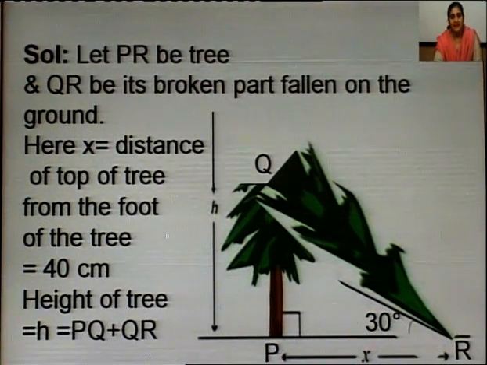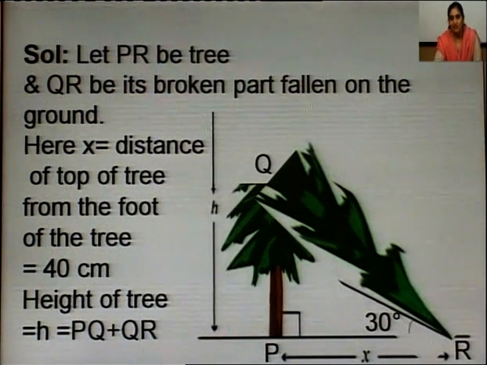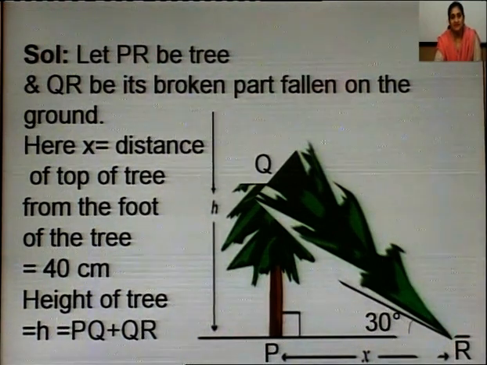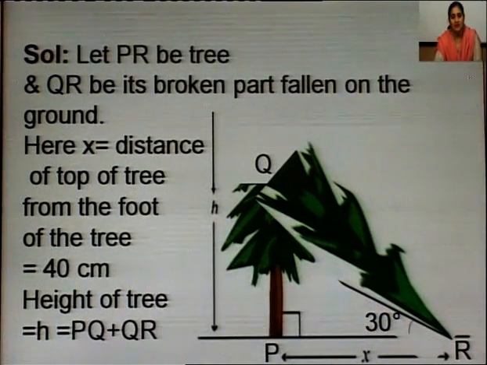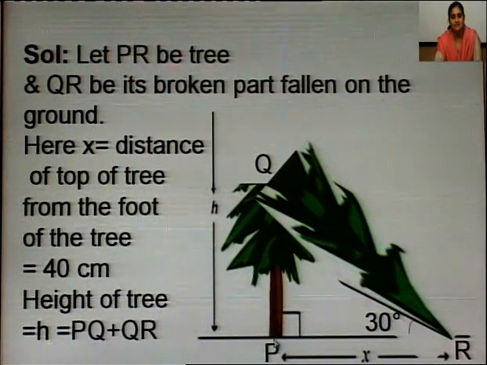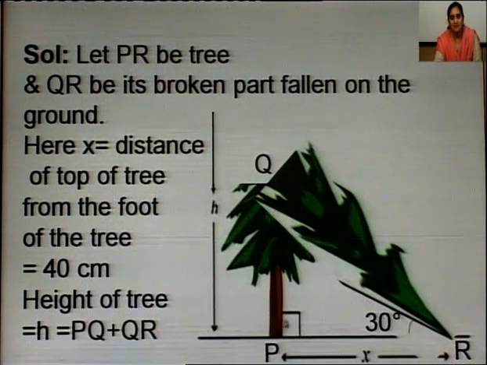Now here x is the distance of the top of the tree from the foot of the tree. This is given as 40 centimeter. We have to find the distance PQ plus QR, that is the height of the tree. Now the height of the tree, we name h, that is PQ plus QR.